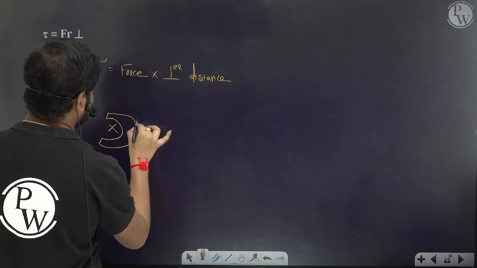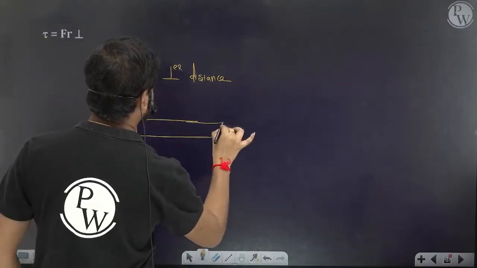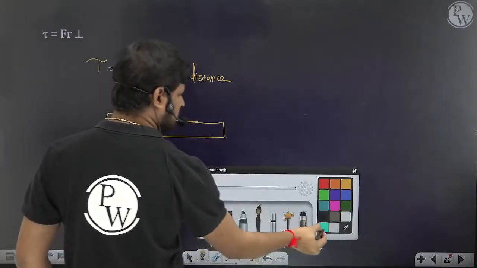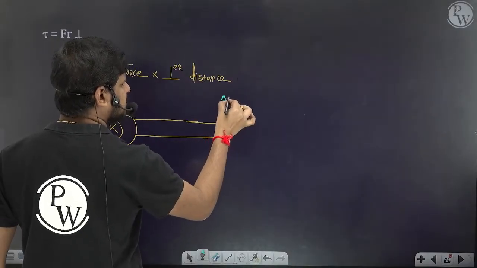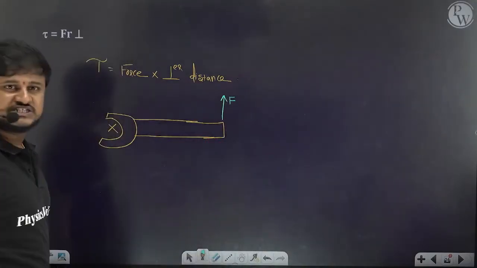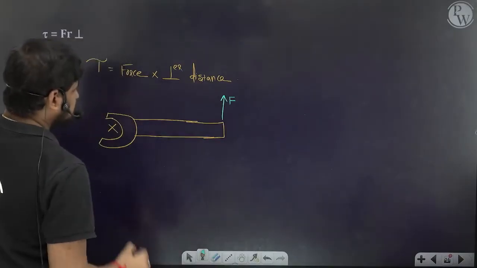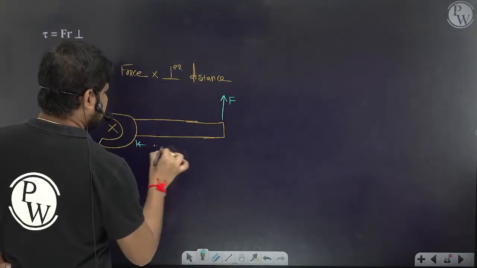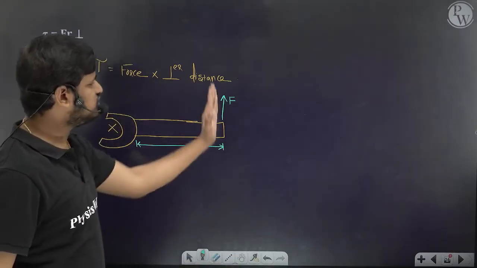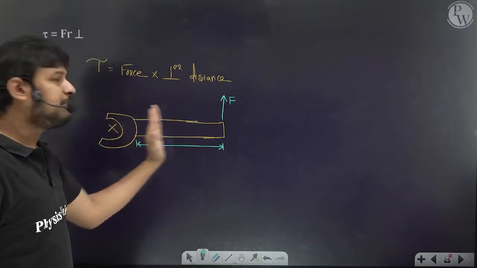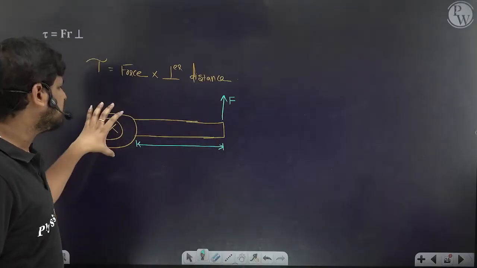To tighten or loosen it, you are applying the force in this direction. This is the perpendicular distance to the force, and about this point you are applying the force.